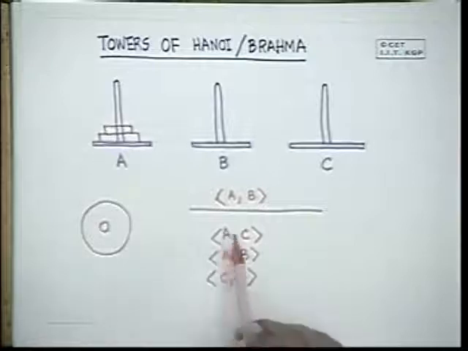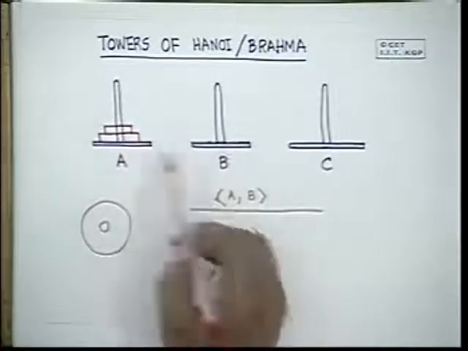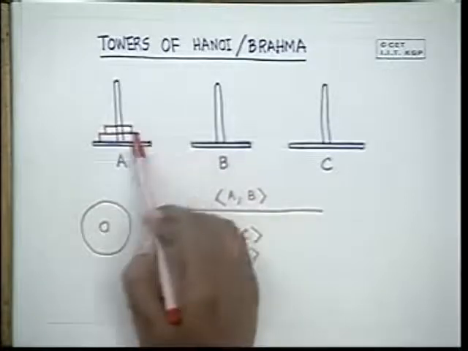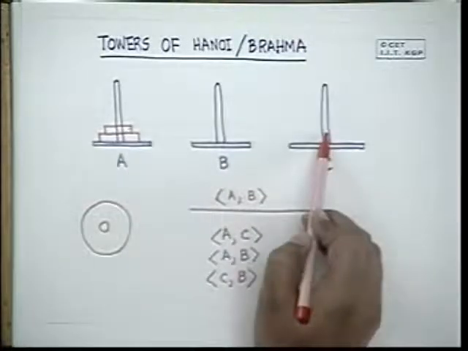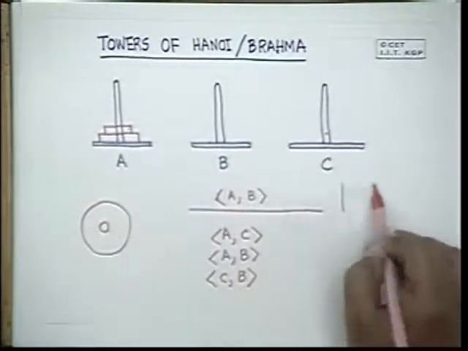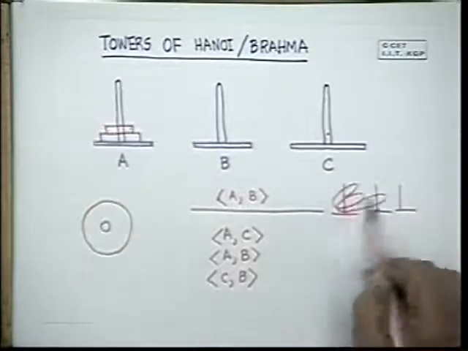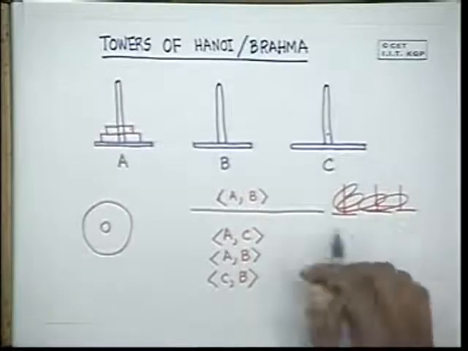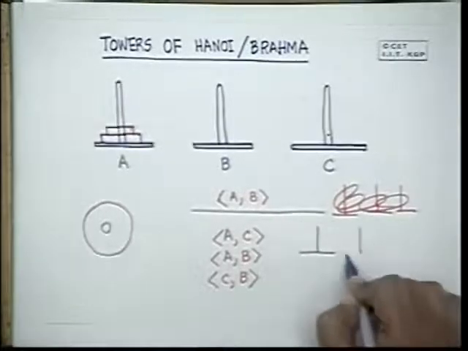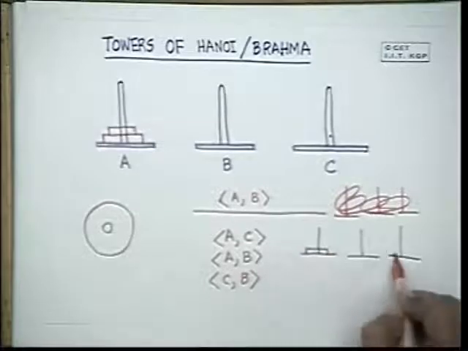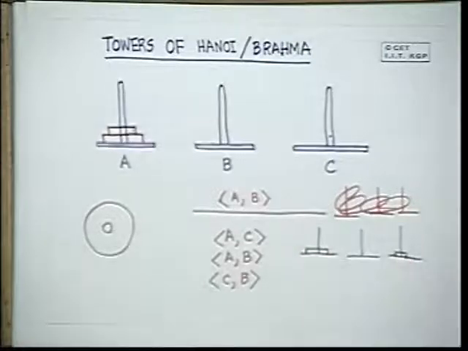Is that okay? So when you move from A to C, this peg will come here, and you will reach a configuration. I'm sorry, the colors are. You will get a configuration in which one was here and the smaller one is here.